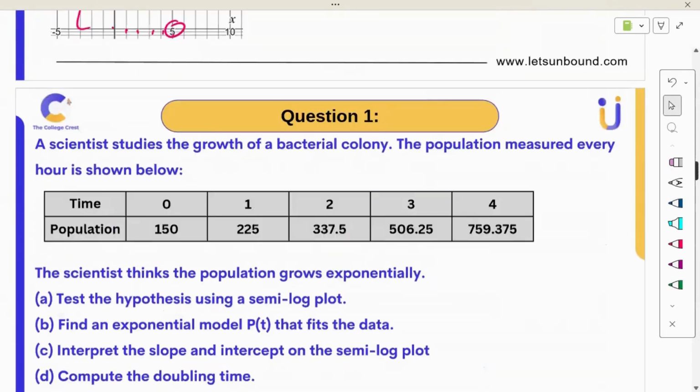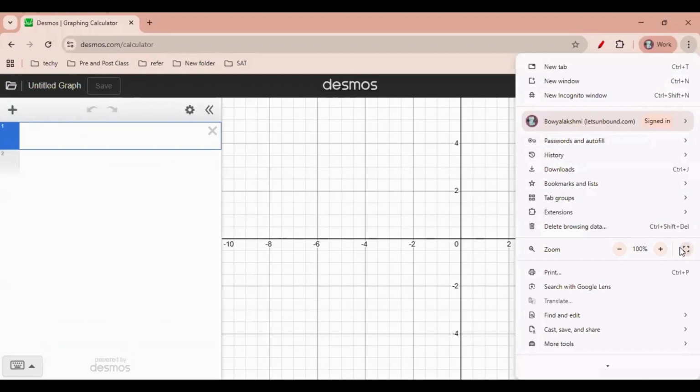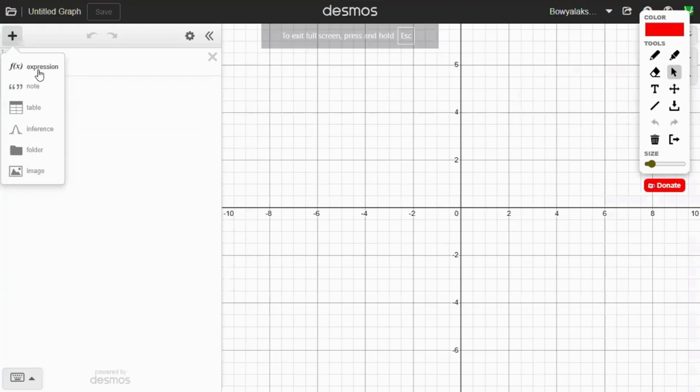Now, how can I use this? You just go to Desmos and make a linear regression, right? Let me go to Desmos and show you. You have to give your values as usual. So give the table.